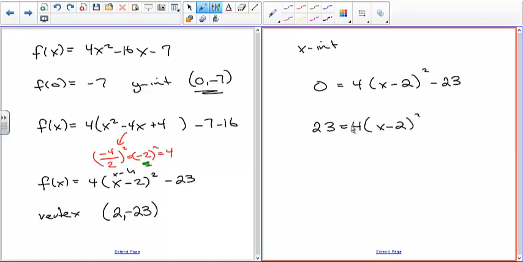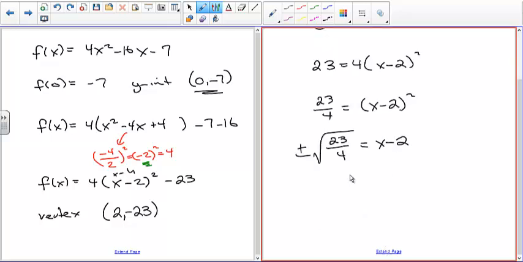Divide both sides by 4. Take the square root, plus or minus. x minus 2. Add 2 to both sides. So you get 2 plus or minus the square root of 23 over 4.